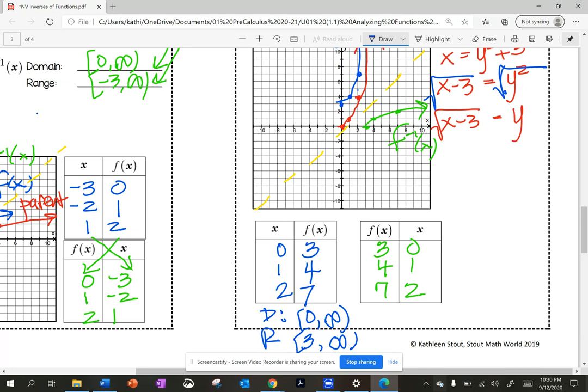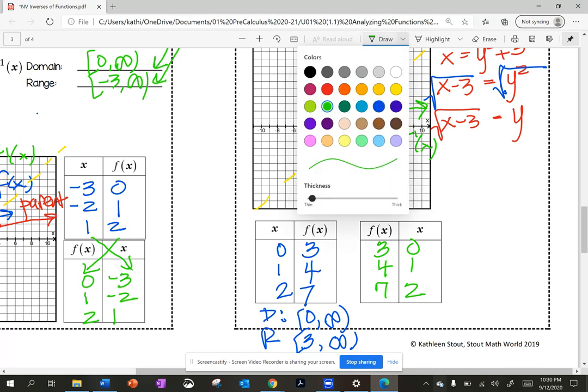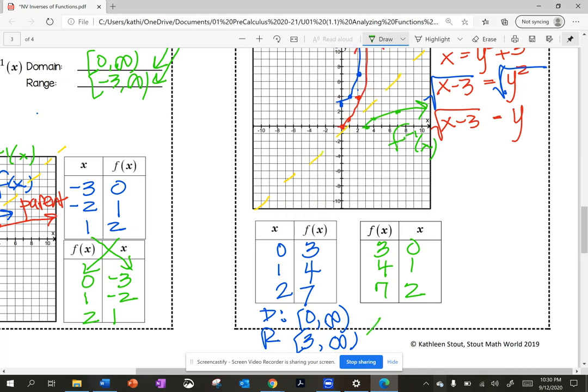For my inverse, I'm switching the domain and the range. So the domain is 3 to infinity, and the range is 0 to infinity. Okay?